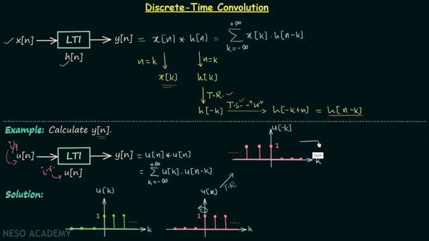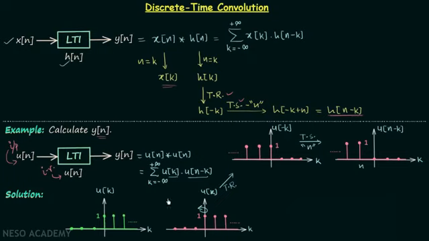So let's perform the next operation, the time shifting operation by integer n. We will have a waveform like this. You can see that the waveform is shifted by n, and this is the signal u[n minus k]. So we have u[n minus k] and we have u[k].